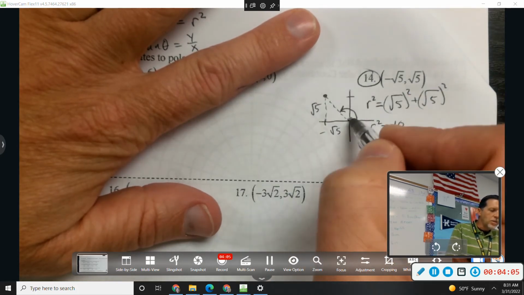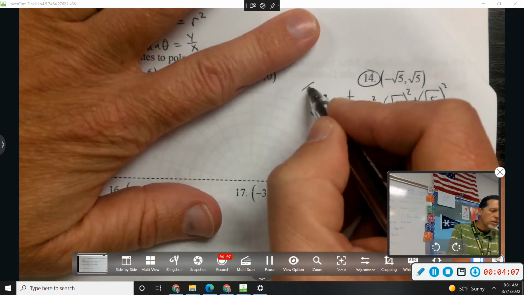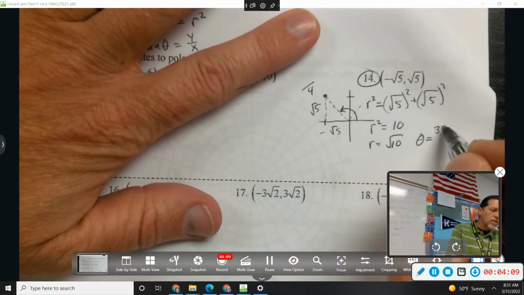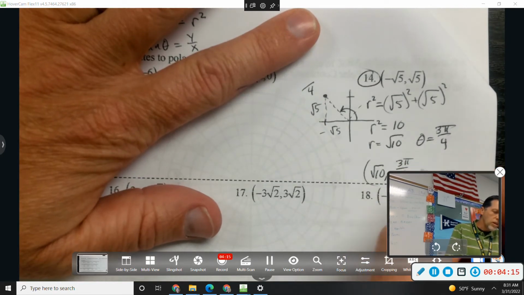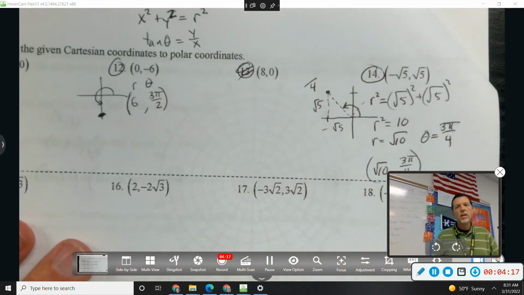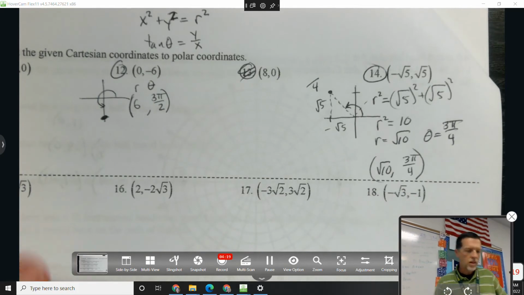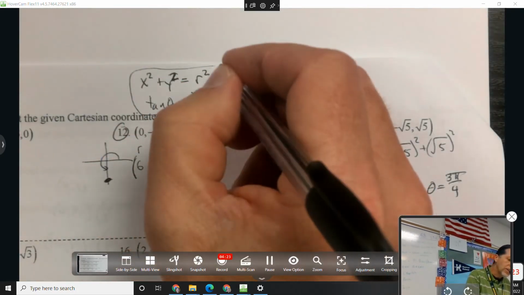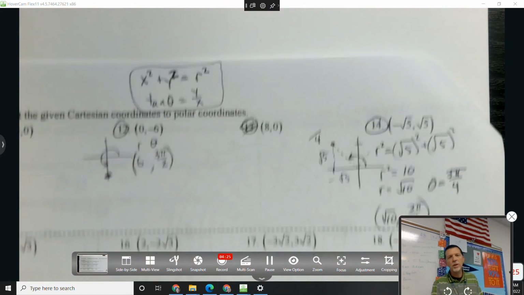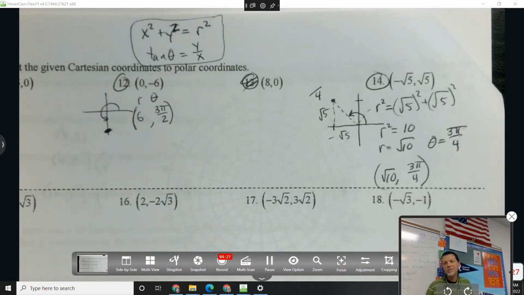The middle angles are the over 4s. So 3 pi over 4. So square root of 10, comma, 3 pi over 4. These equations, I don't want to say they're less important, but sometimes you can get away without having them memorized because you can figure them out if you draw the picture.